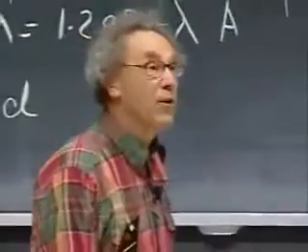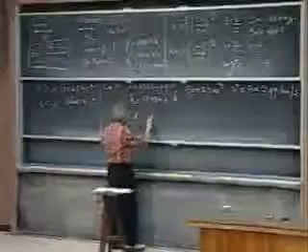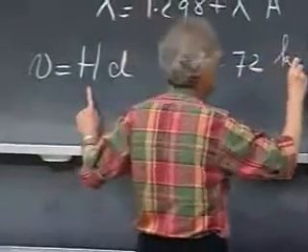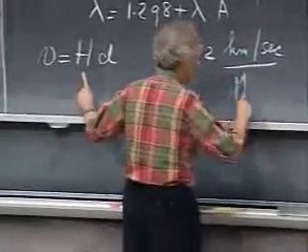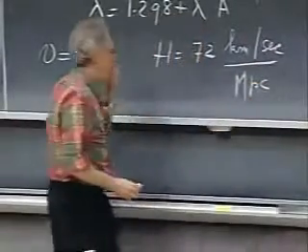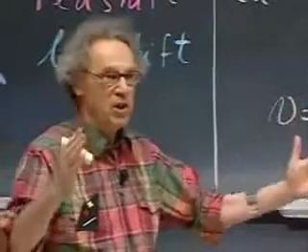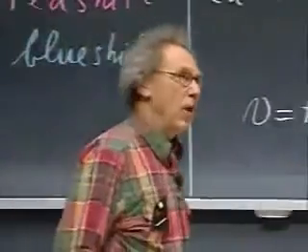And the modern value for H is 72 kilometers per second per megaparsec. What is a megaparsec? A megaparsec is a distance. In astronomy, we don't deal with inches, we don't deal with kilometers. That is just not big enough.